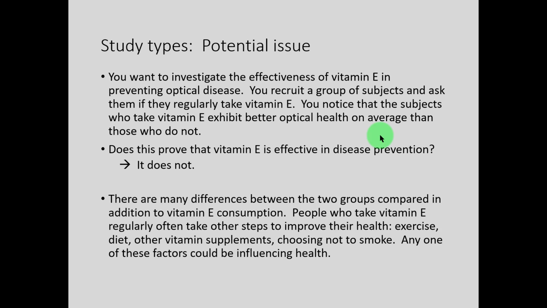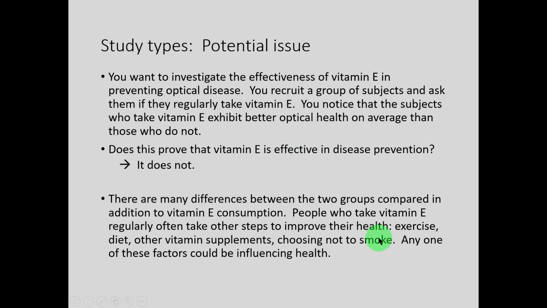Typically, observational studies have a lot of lurking or confounding variables because the environment is not manipulated or controlled, thereby making it difficult to discern if it is truly vitamin E that is causing improved optical health.